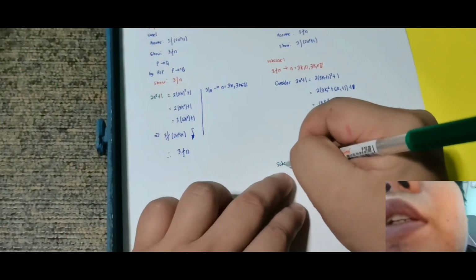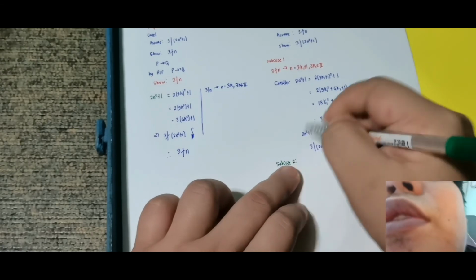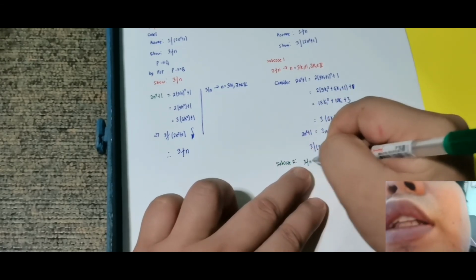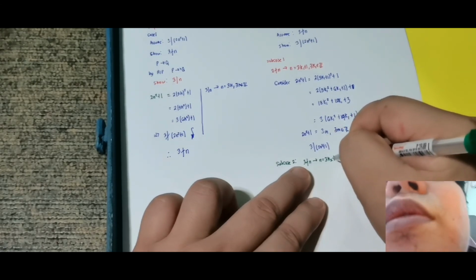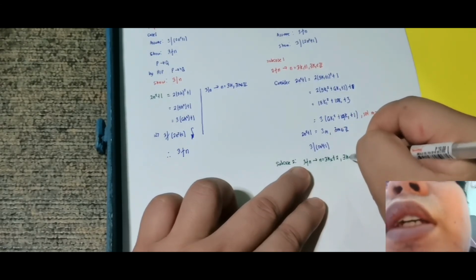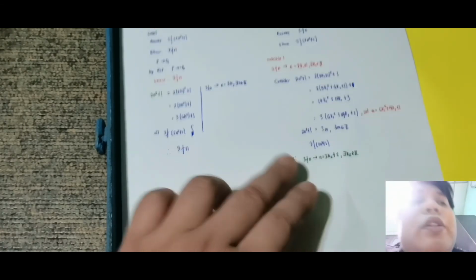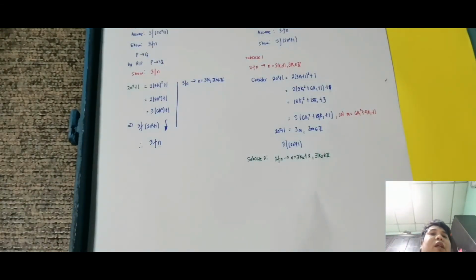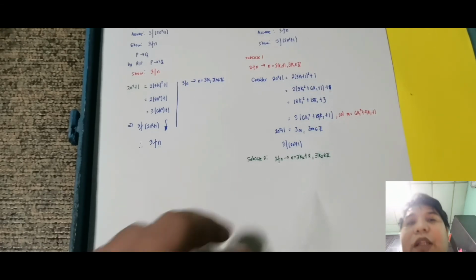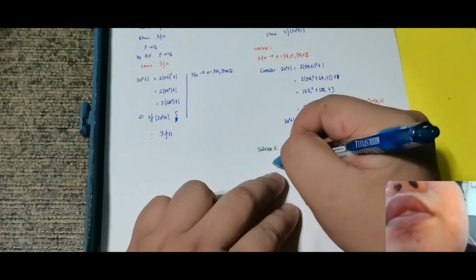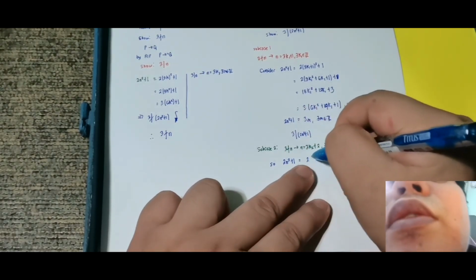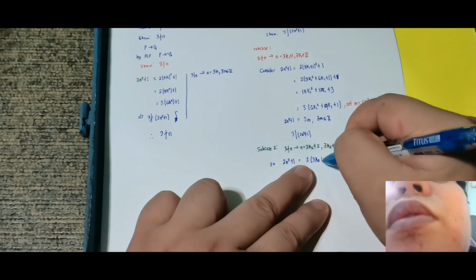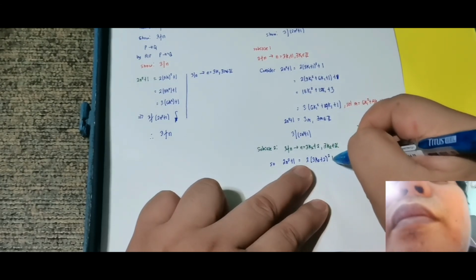So for sub case number 2, so 3 does not divide n. This implies that n is equal to 3k sub 2 plus 2 for some k sub 2 element of integers. Okay, so for formality talaga yung paglalet dyan. Okay, so next is, siyempre, consider ulit natin yun. So, 2n squared plus 1 is equal to 2 times 3k sub 2 plus 2 squared plus 1.